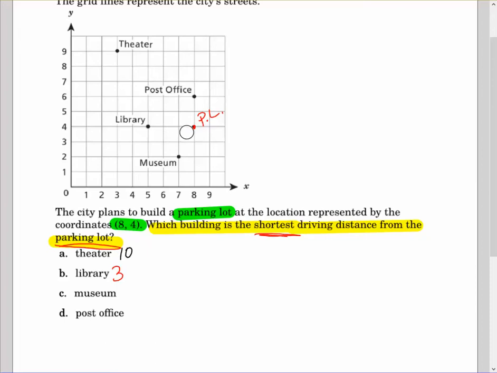Let me erase our path to the library. The museum would be 1, 2, 3. Again, you can't go diagonally, so that's 3. And then the post office, let me erase our trip to the museum. If we were to go to the post office, we'd go 1, 2. So we're looking for the shortest driving distance, which would definitely be choice D, the post office.